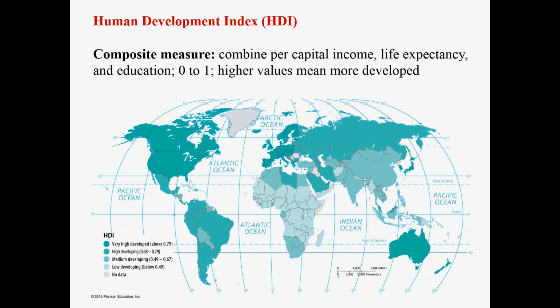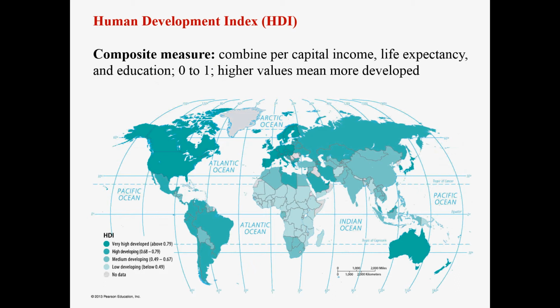That's why some people call for the development of composite measures. And the United Nations has developed the Human Development Index, or HDI, and this is a composite measure.